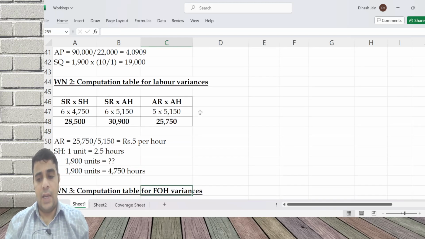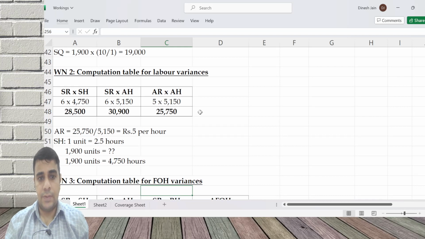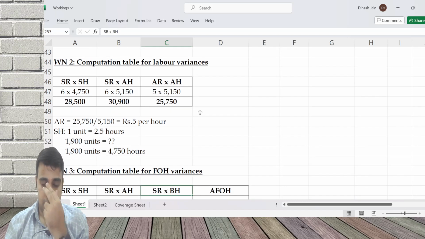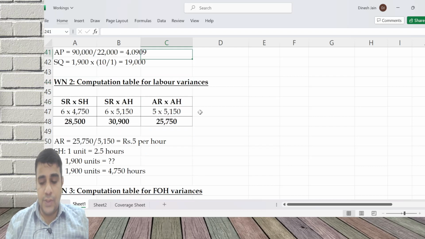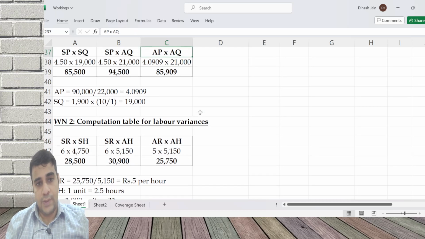We do FOH. I'll copy paste SH and EH. Material and labor you can check in case there are doubts here.